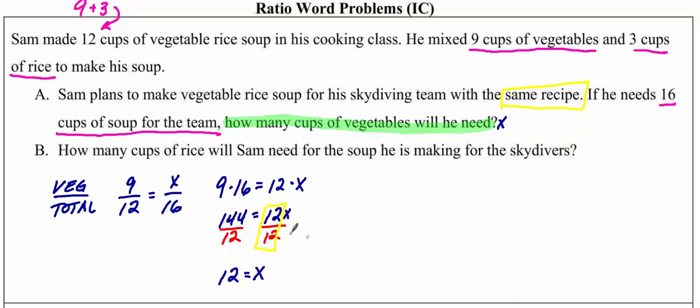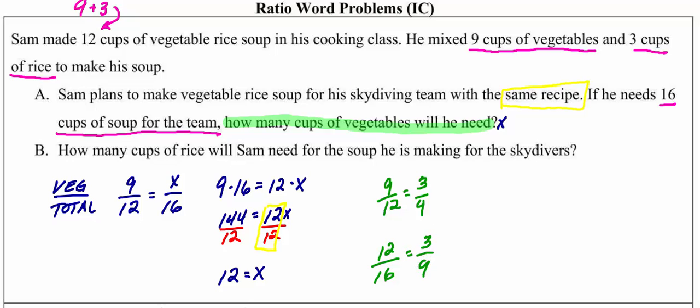Now, let's see if we can find a way to check that, see if that makes sense. One thing we can do to check our work is to simplify those fractions. So I can take the 9/12, simplify it, I get 3/4. Take the new 12/16, because we said x was 12. Simplify it.